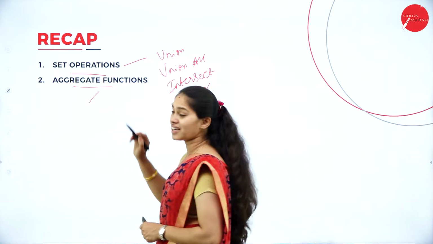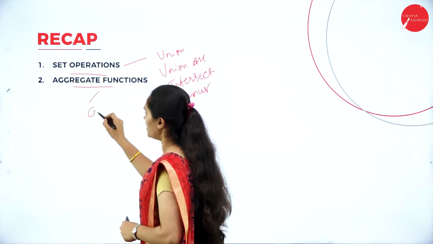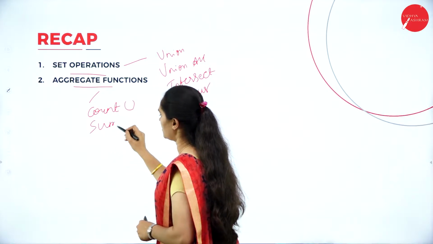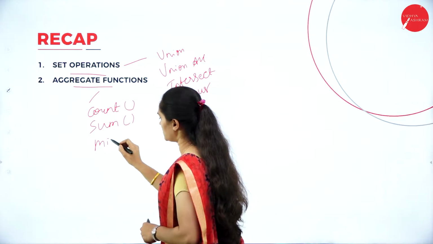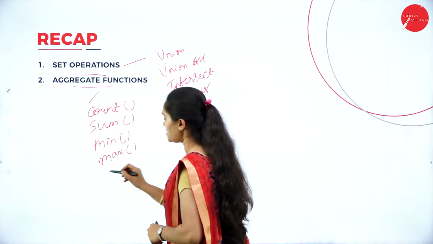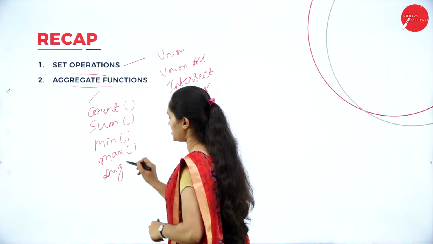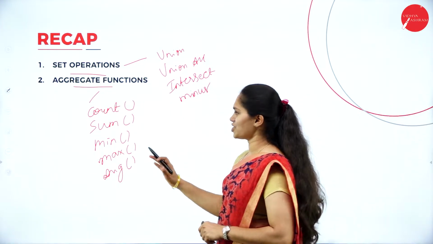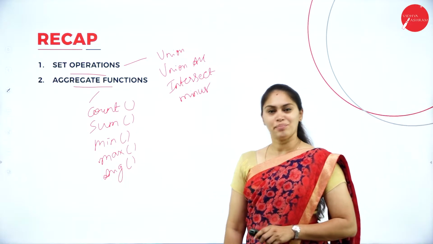And we also have aggregate functions. In that we learned count, sum, minimum, maximum as well as average function. These are the functions which come under the category of aggregate functions. This is what I discussed in my previous class.